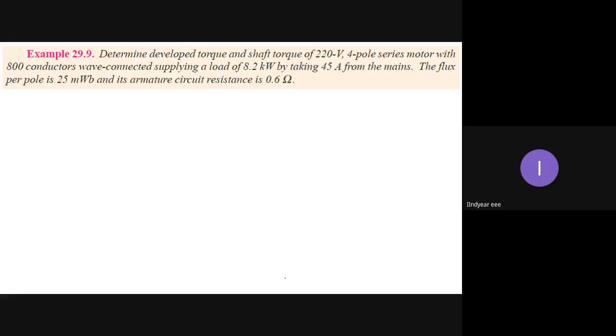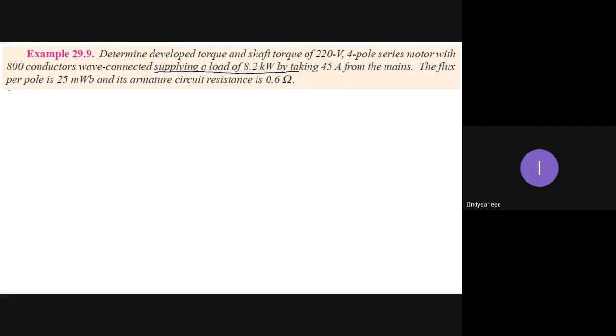So it is a series motor. Here the output power is also given. Supplying a load of 8.2 kilowatts means the motor is supplying an output power P out of 8.2 kilowatts.